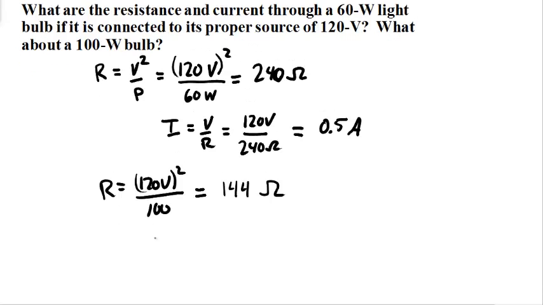And now if I look for current, current is going to be V over R, 120 divided by 144 ohms, and it's a current of 0.833.